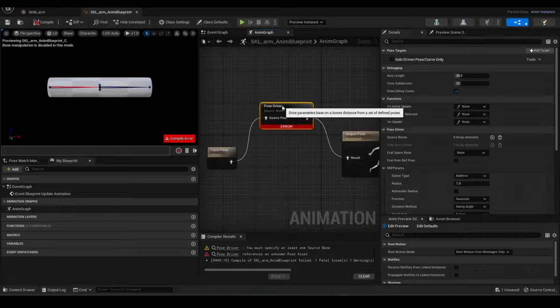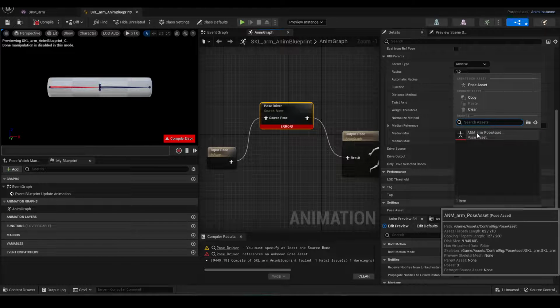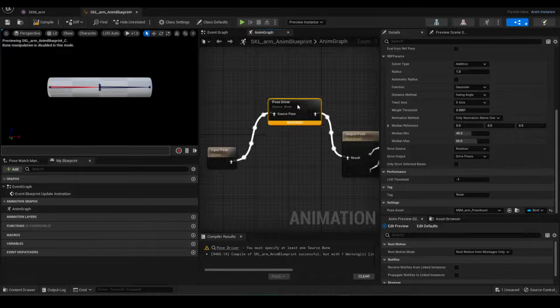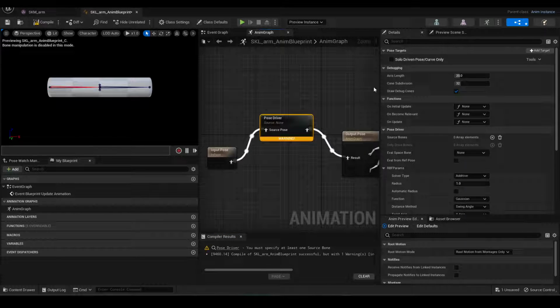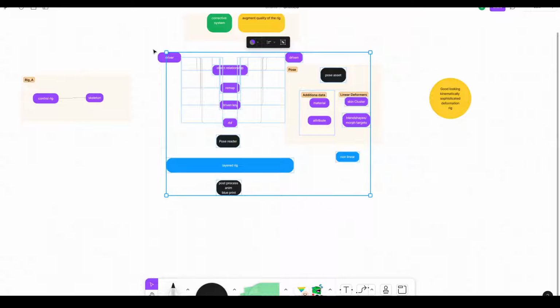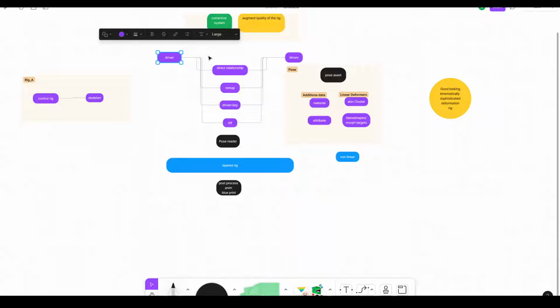I'm going to compile, and nothing, it's working. In the pose driver, you need to specify the pose asset. Remember, this is the asset that contains our poses. And it means now, through this node, I can drive something with something. I can drive the driven from the driver using something.